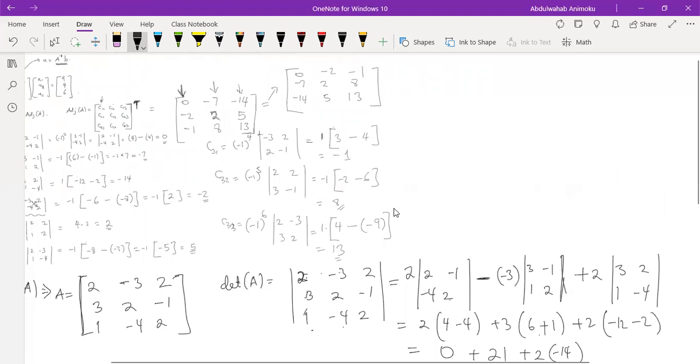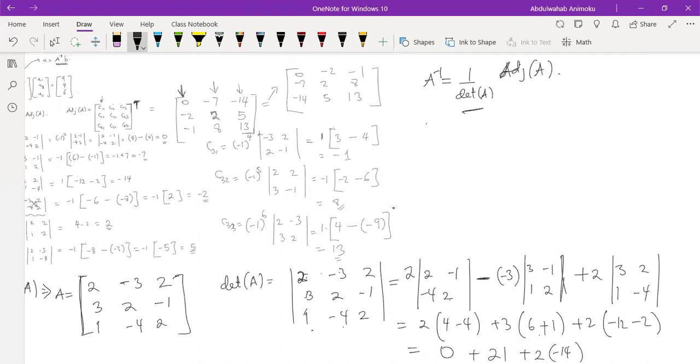So now what do we have to do finally to get what we are looking for, A inverse? Remember we said it's 1 over the determinant of A times the adjunct of A. So we found both, the determinant and the adjunct. Now, remember that the initial problem is to solve X equal to A inverse times B. So all we need to do is 1 over determinant multiplied by the adjunct.